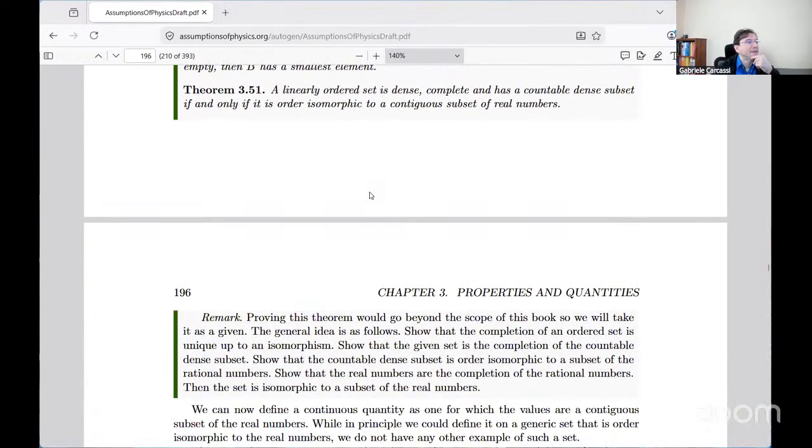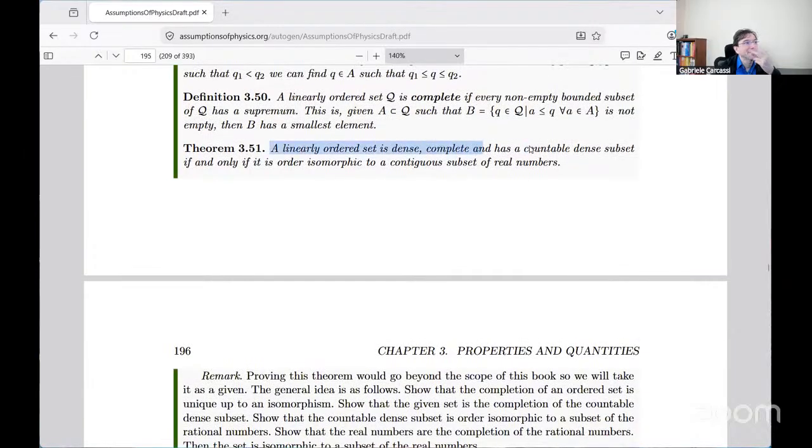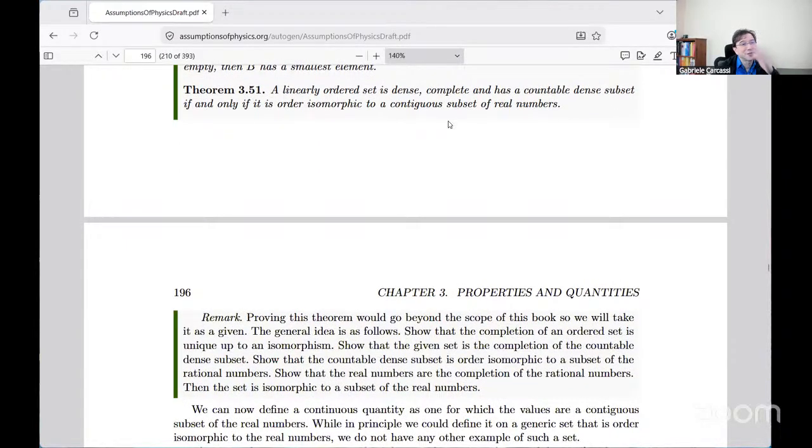And then this is essentially Cantor's theorem. A linearly ordered set is dense, complete, and has a countable dense subset if and only if it is order isomorphic to a contiguous subset of the reals. Proving this is much bigger, and so we just take this as a result from order theory.